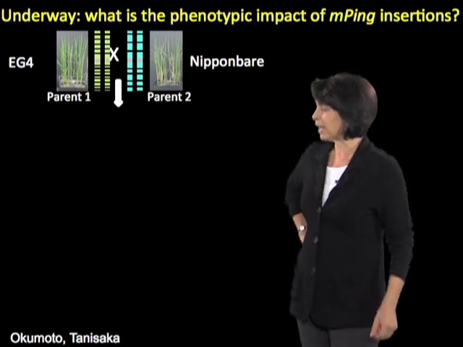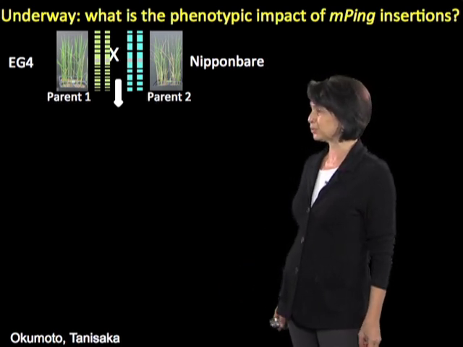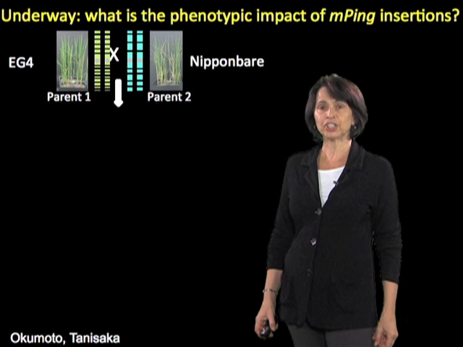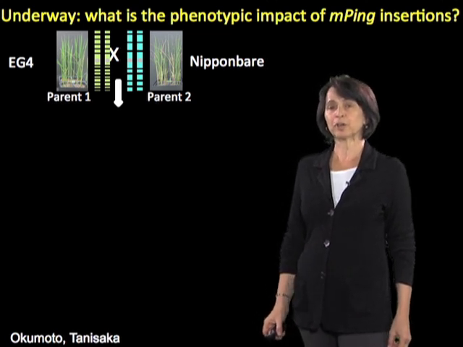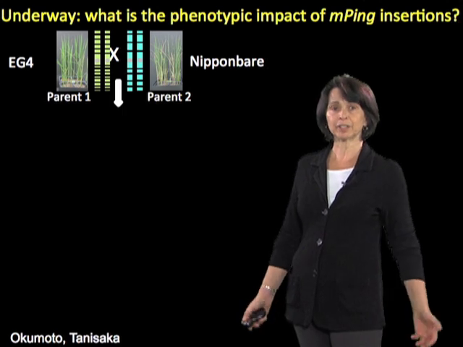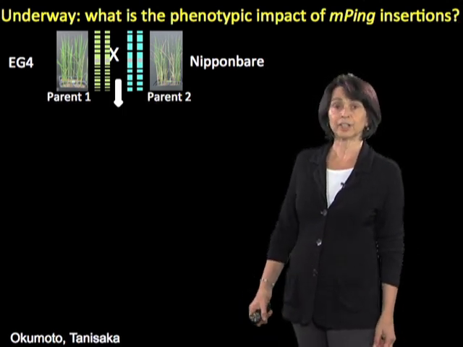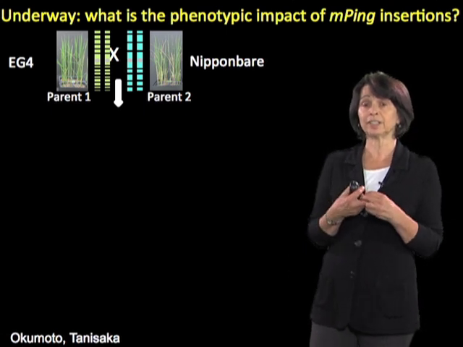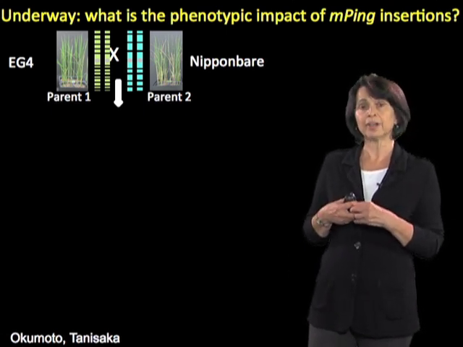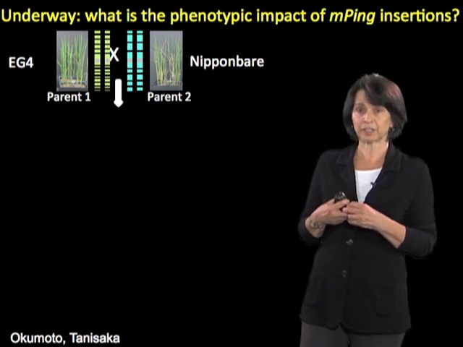So now, the way that's traditionally used to find the regions of the genome that are responsible for quantitative traits is a mapping population, a recombinant inbred population. And our collaborators at Kyoto University in Tanasaka and Okamoto's lab have over the last decade been developing this incredibly valuable resource.